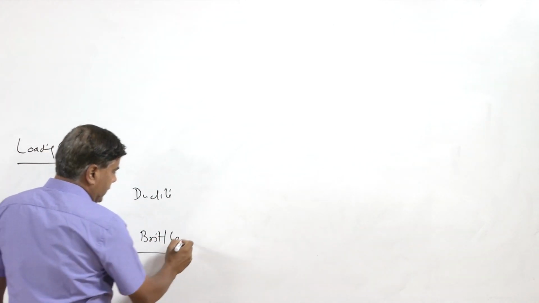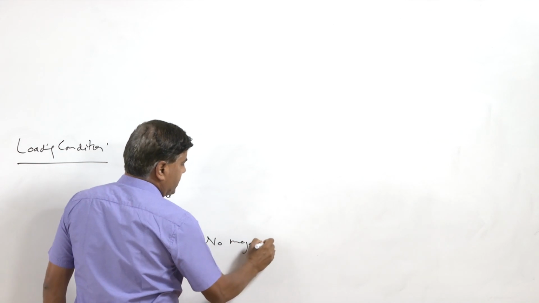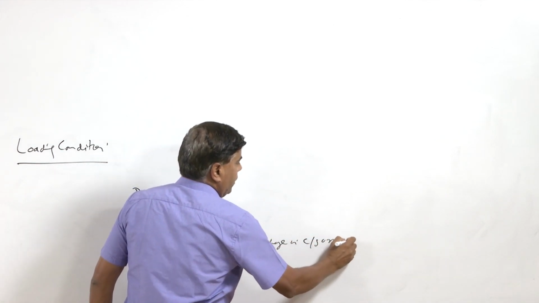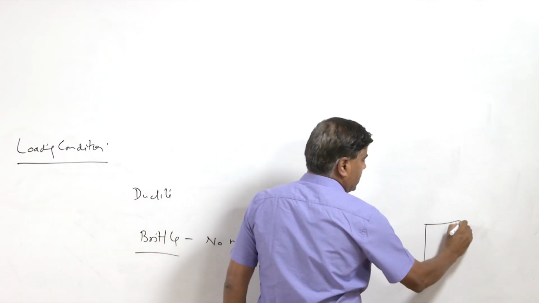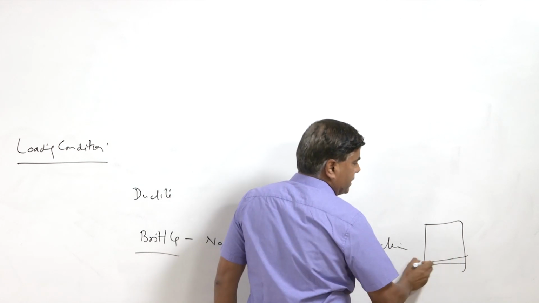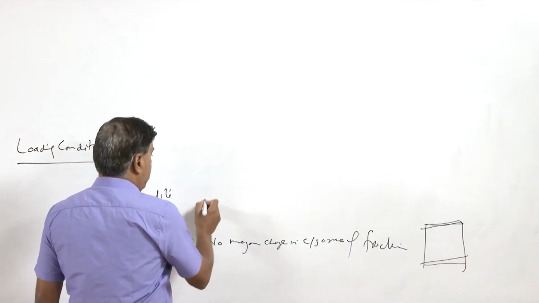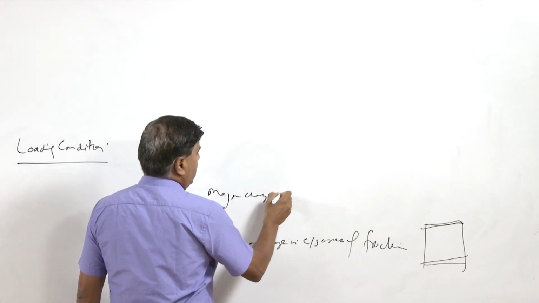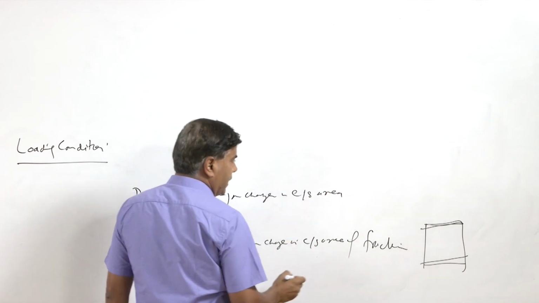In case of brittle, there is no major change in cross section area of the fractured component. So, whatever cross section is here, the same is near the fracture surface, while a major change in cross section area is observed in case of the ductile fractures.